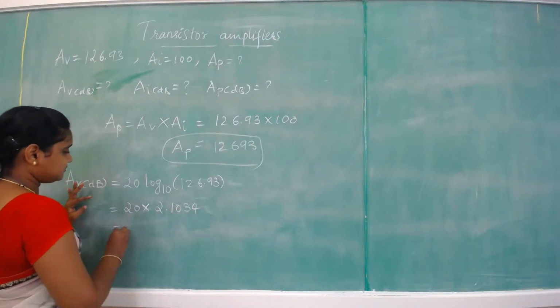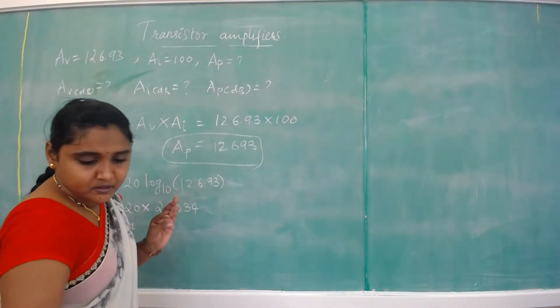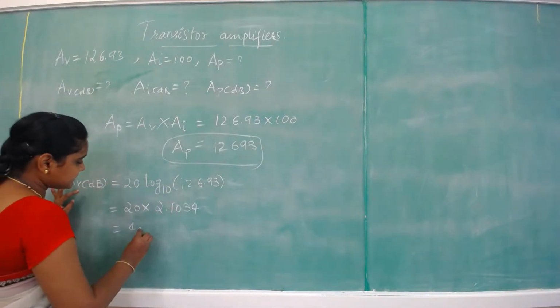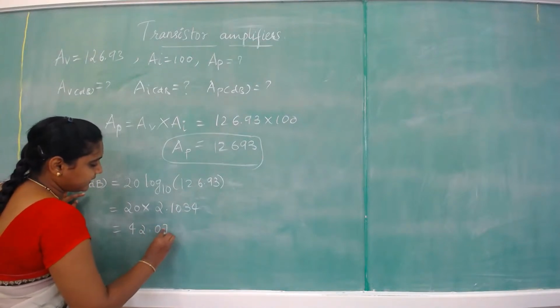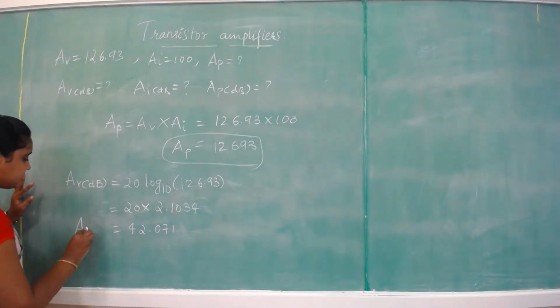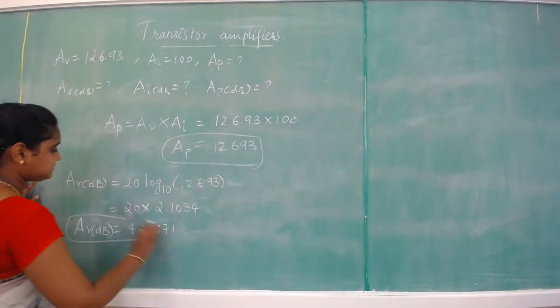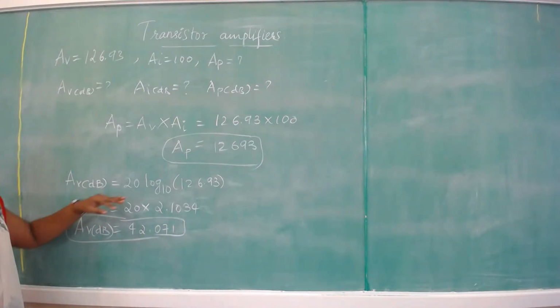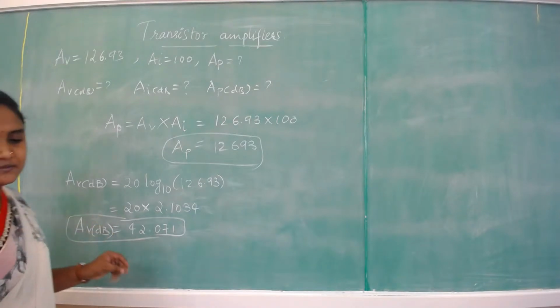Which, when we compute the value into 20, is going to give you 42.017. So 42.017 is AV in terms of dB. Using this formula, we have computed the value of AV in terms of dB.